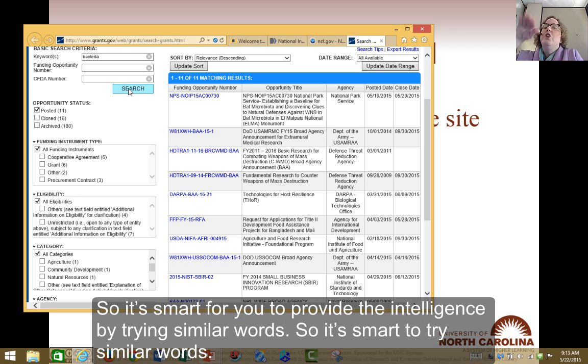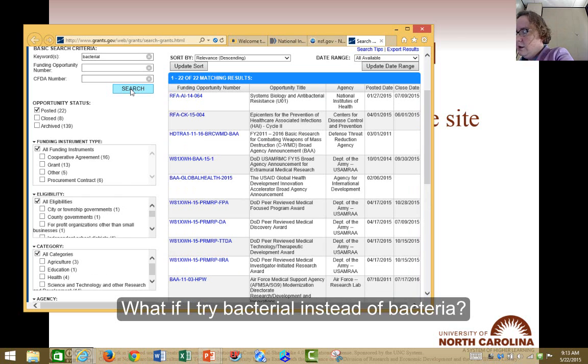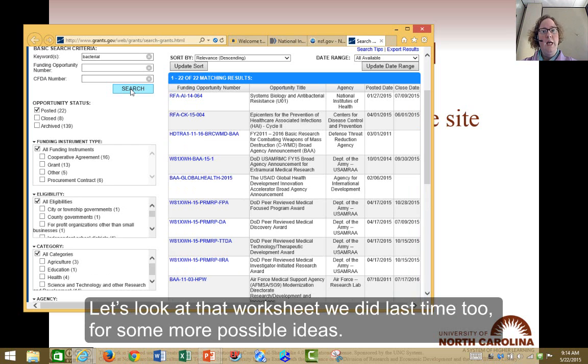So it's smart for you to provide the intelligence by trying similar words. What if I try bacterial, you probably saw that pop up, instead of bacteria? Twice as many results. Over one letter. Stupid, right? So, let's look at the worksheet we did last time too, for some more possible ideas.